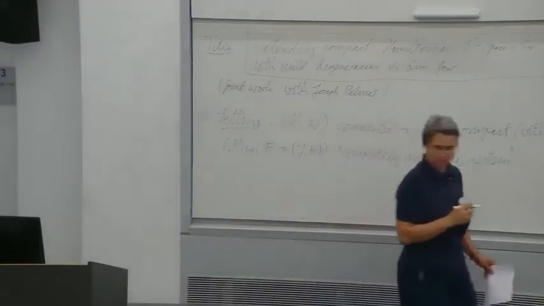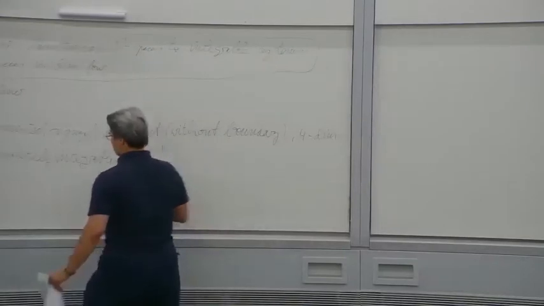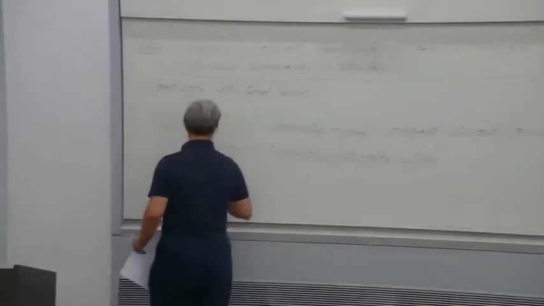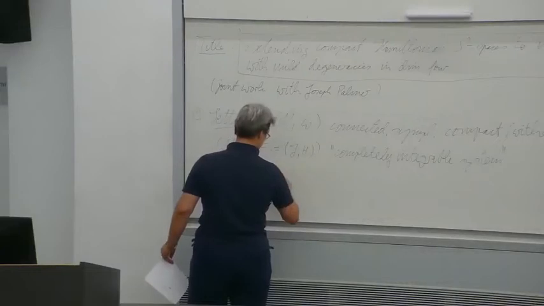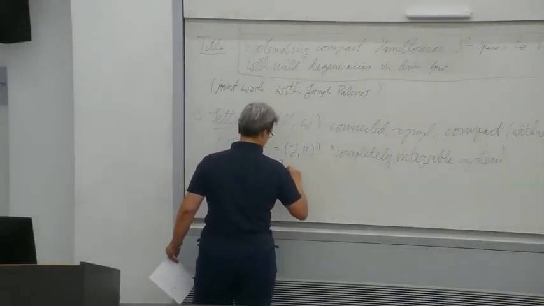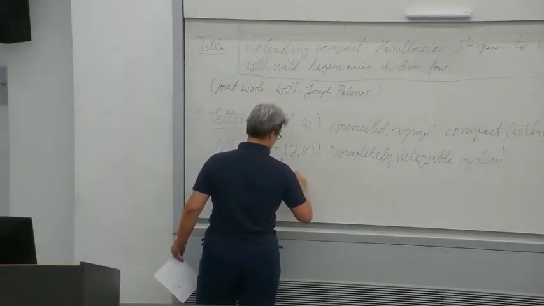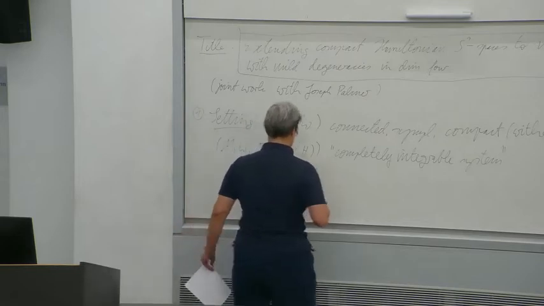What I want to have, of course, is that the Hamiltonian vector fields X_J and X_H are almost everywhere linearly independent.